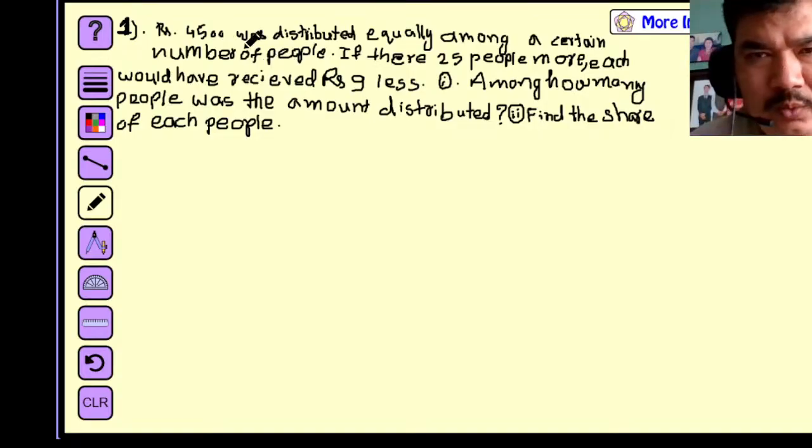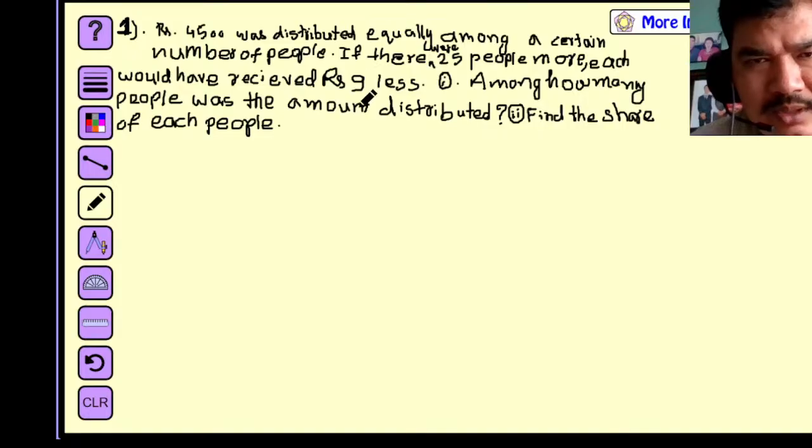If there were 25 people more, each would have received rupees 9 less.